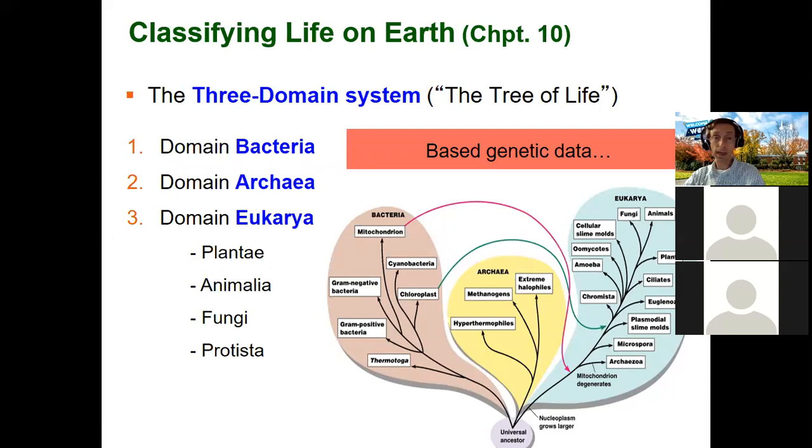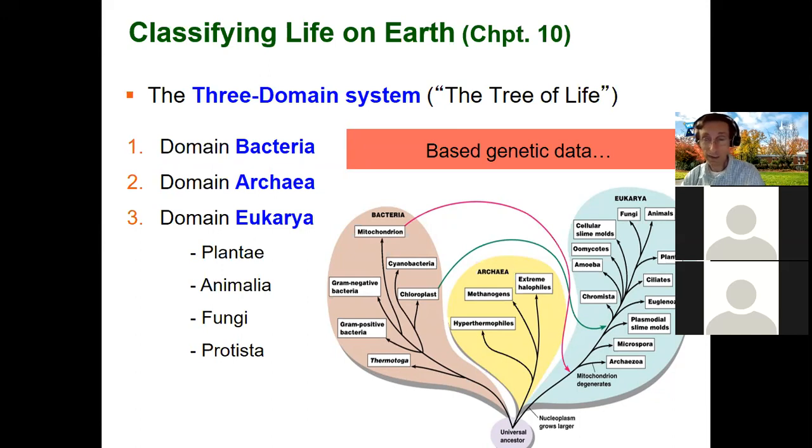And then the domain eukarya has 4 kingdoms: Plantae for the plants, Animalia for the animals, Fungi for the fungus, and Kingdom Protista for the protists. Any question about that?